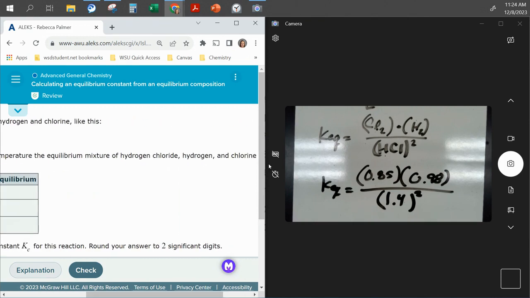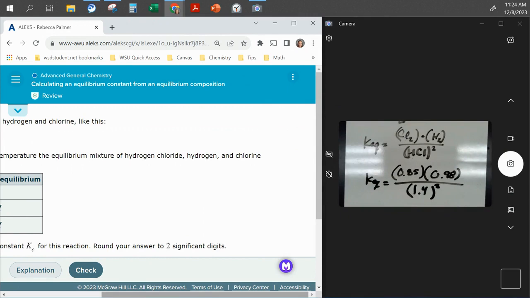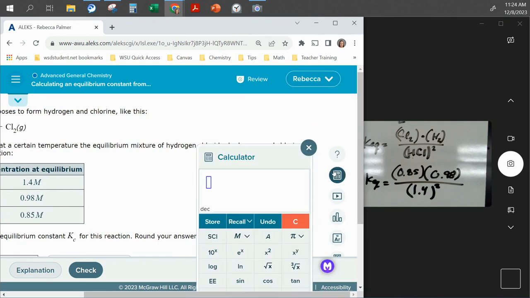You can't use your phone on the test as a calculator. Oh, it's not coming on. There we go. There's our calculator.